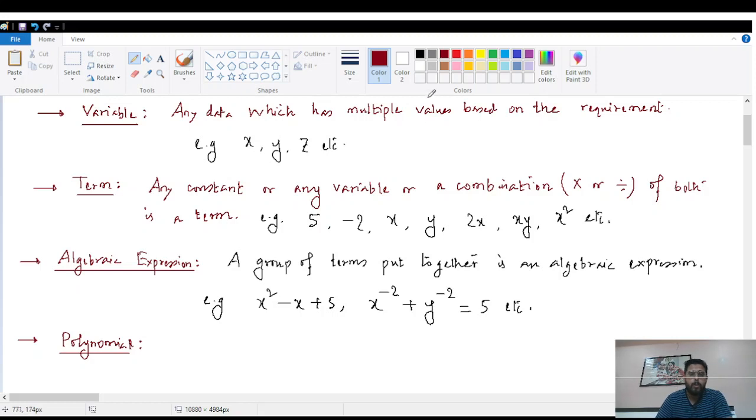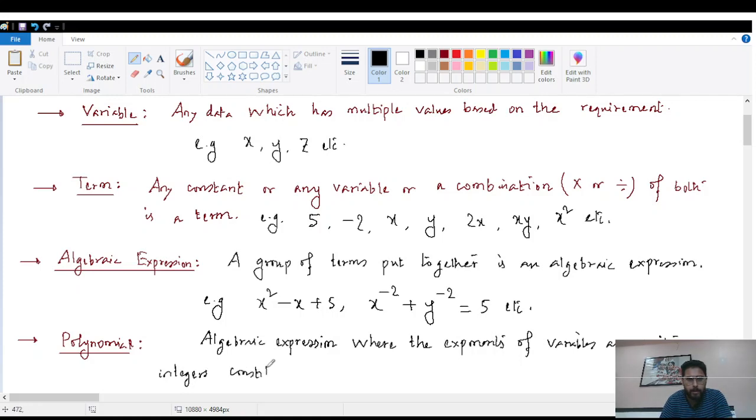The first restriction in a polynomial is that algebraic expressions where the exponents of the variables are positive integers constitute a polynomial.